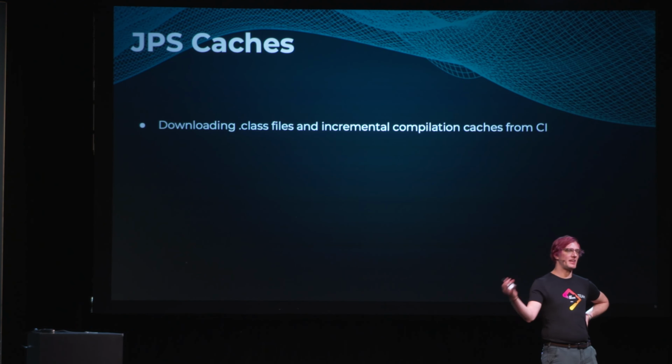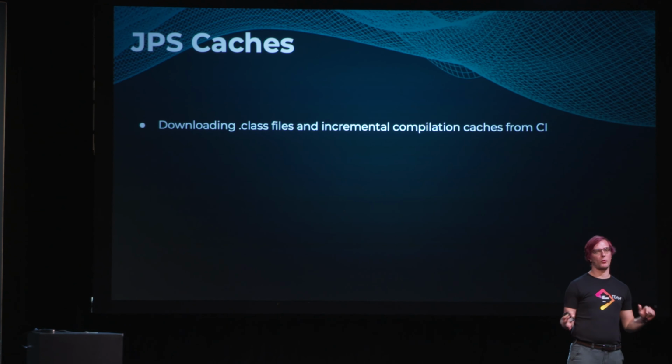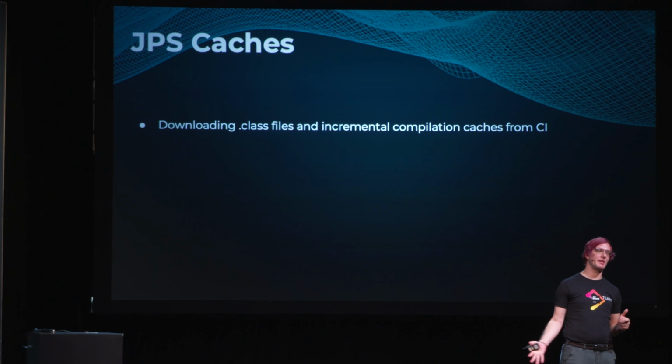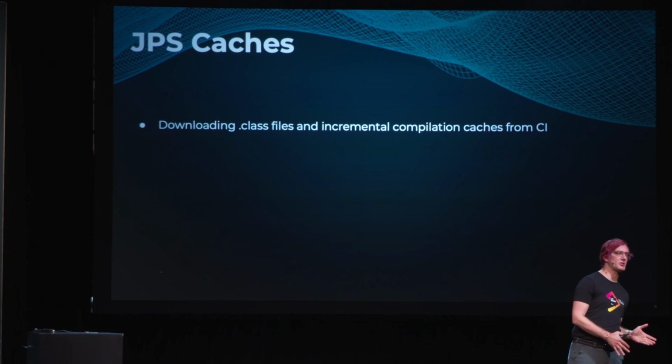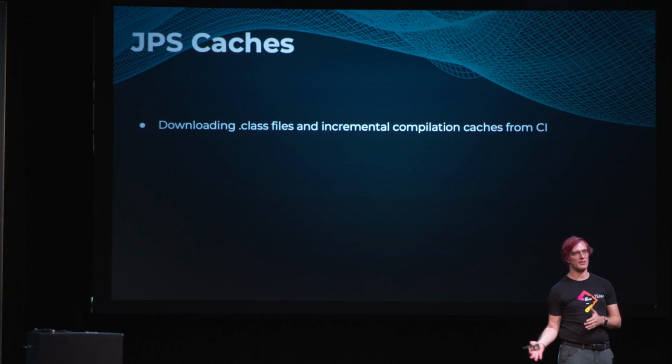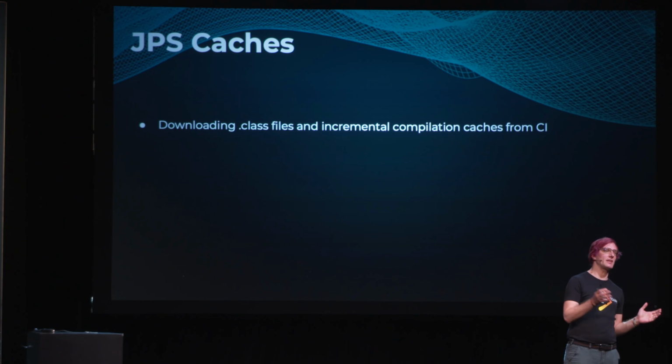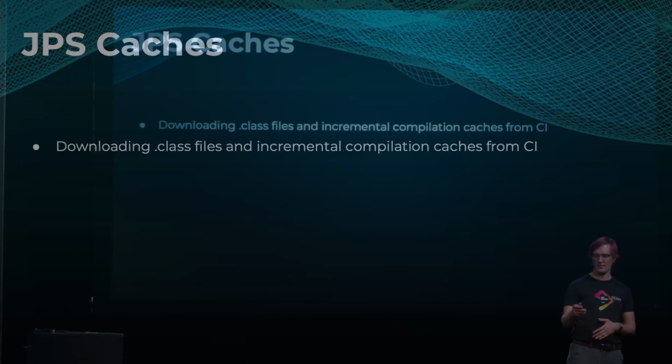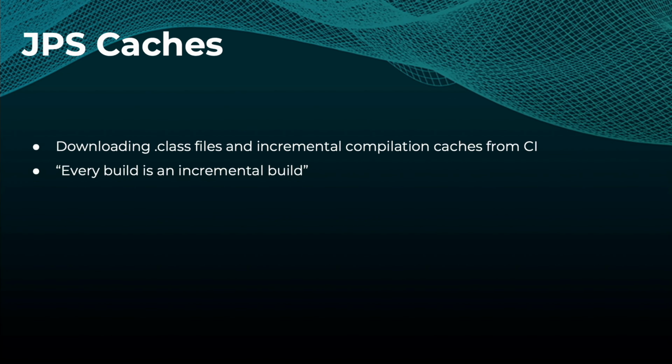Basically, every time we run a build on CI, it generates class files, but it can also generate these incremental compilation caches that allow the IDE to know everything about the state of the code that was compiled. So when you are compiling a more recent version, we can recompile only the changes compared to the version compiled on CI. So it turns every build that you run locally into an incremental build.